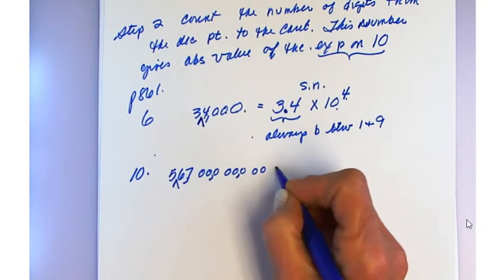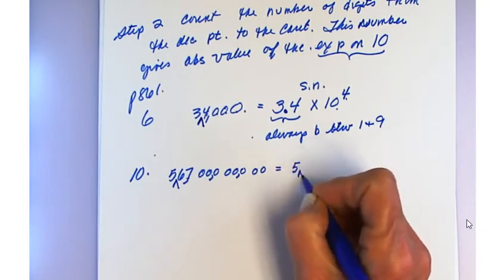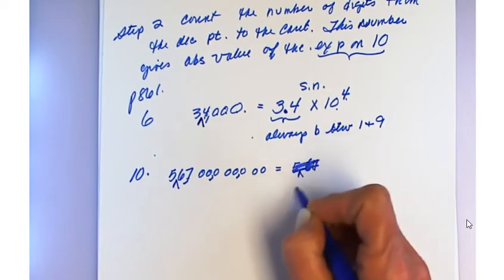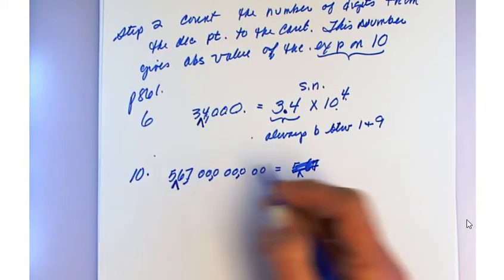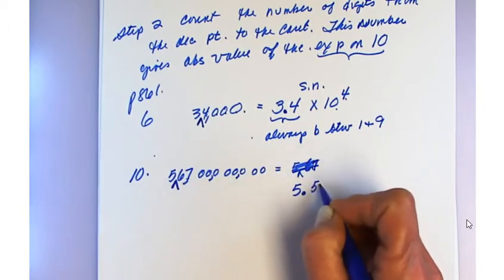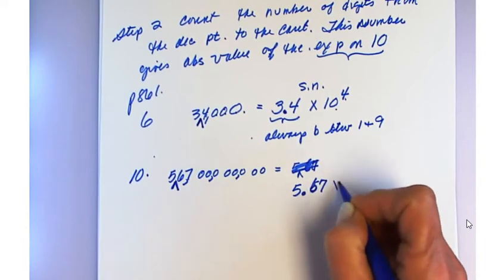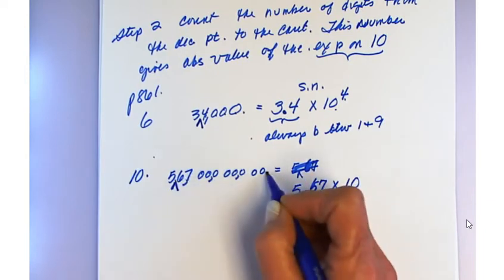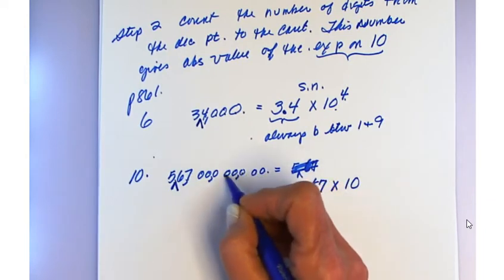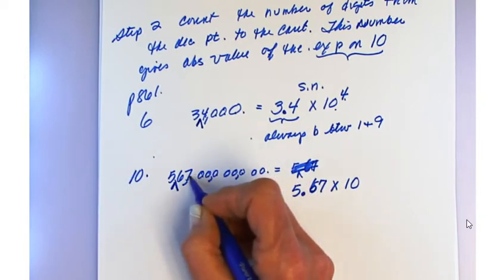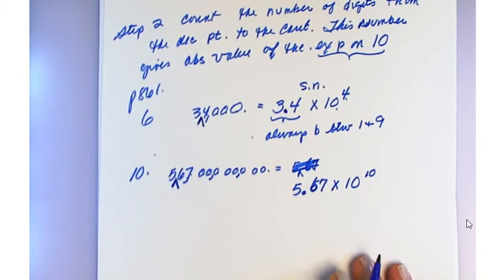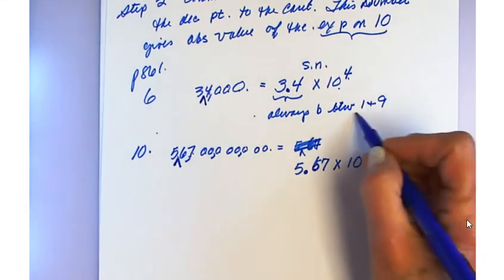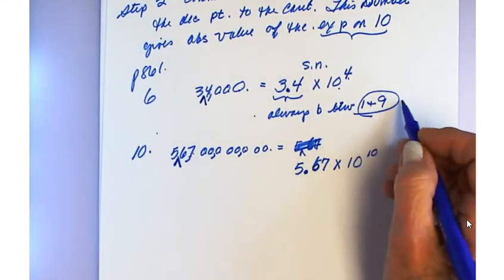I have 5, there's my caret, and that is replaced by a decimal point. So we have 5.67 times 10. Now I'm going to count from here over to the caret. 1, 2, 3, 4, 5, 6, 7, 8, 9, 10. And it gives us 5.67 times 10 to the 10. Okay? This number always has to be between 1 and less than the number 10. So 9 something.